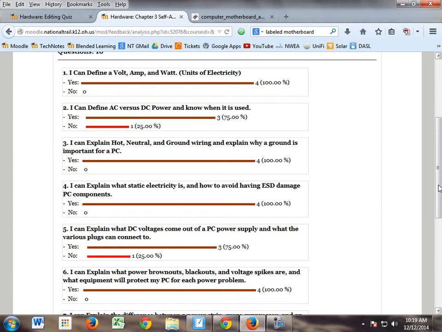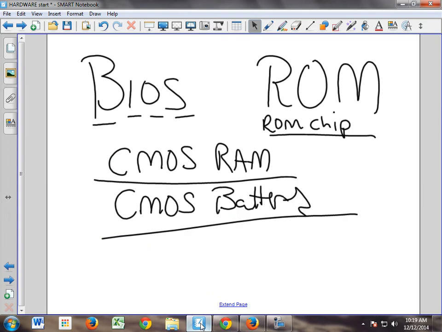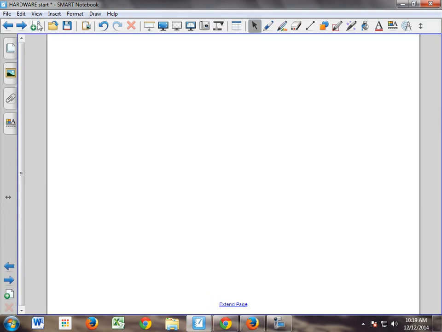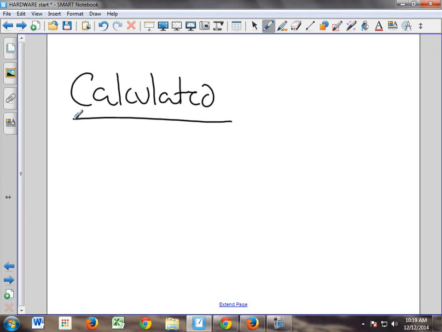Okay, let's talk about explaining how to do voltage problems. When we look at our voltage problems, the first thing we need to know is we got some numbers that I'm going to ask you about. The first one is calculated. That, hopefully, is the hardest part for you. Then we get the minimum, which is rounded up to the next 50.